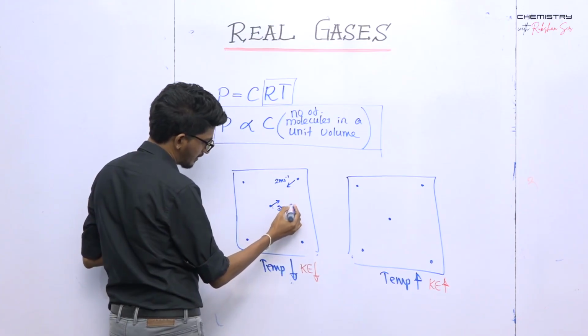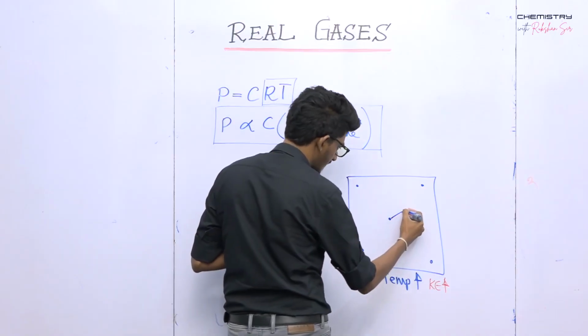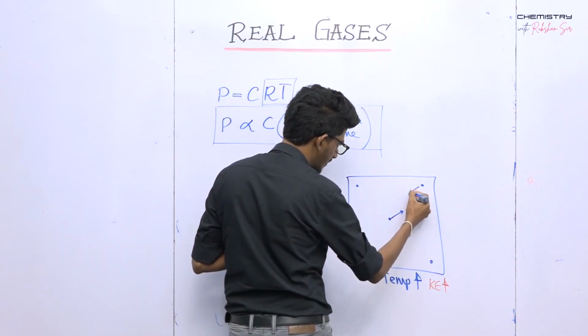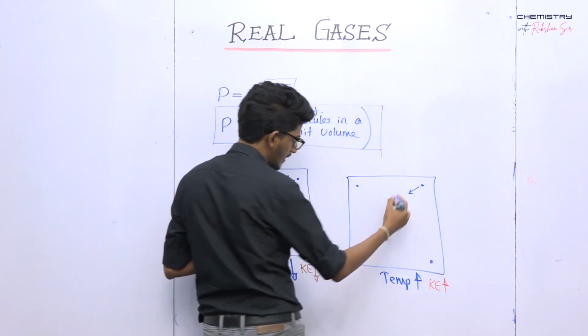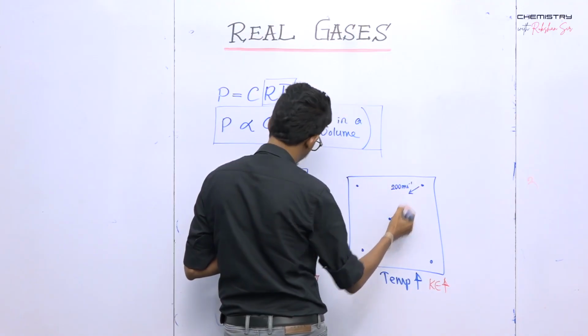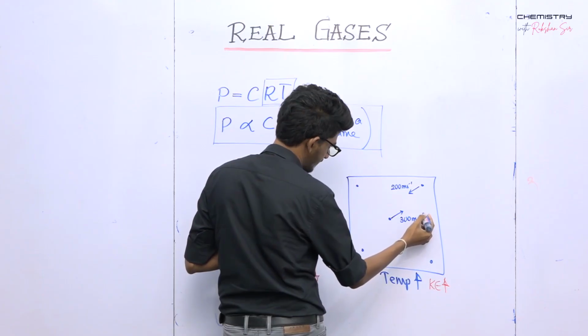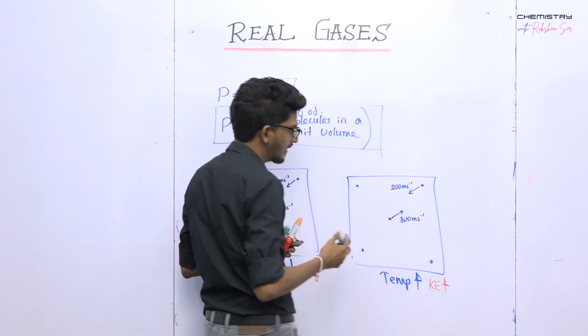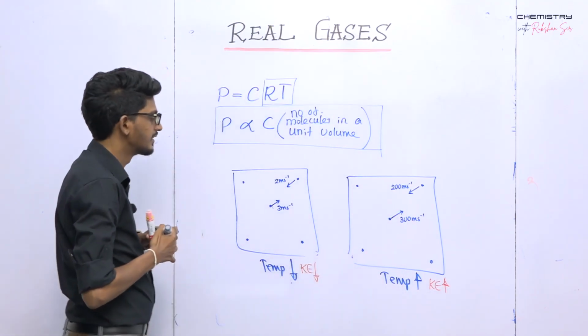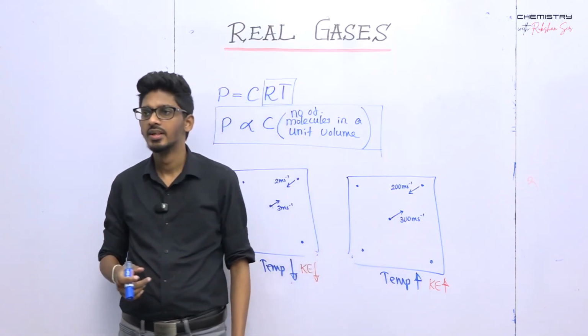But here, the guys are passing with very high speeds, say 200 m/s and 300 m/s. Then what will happen?